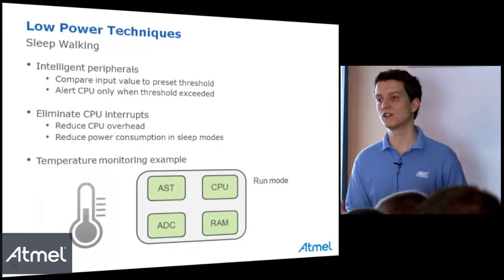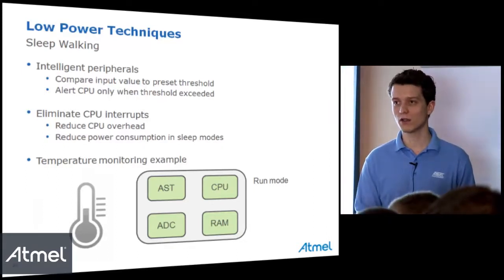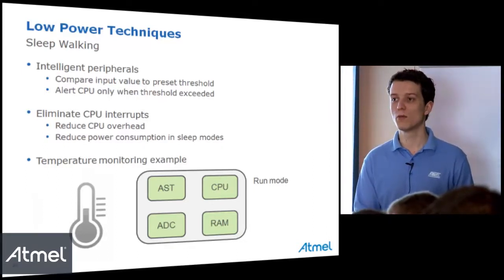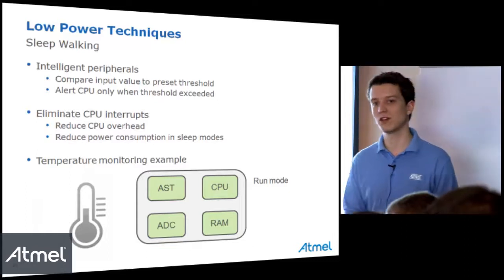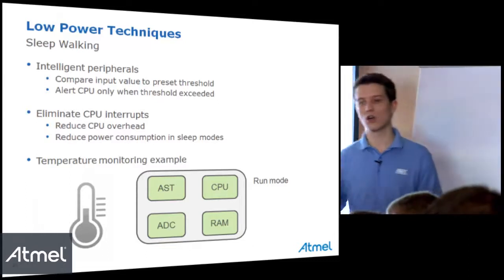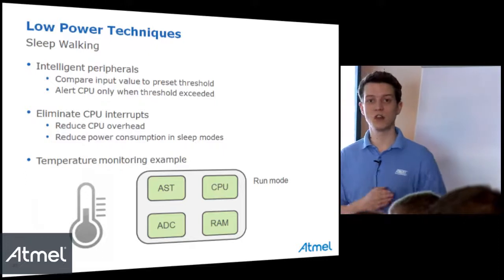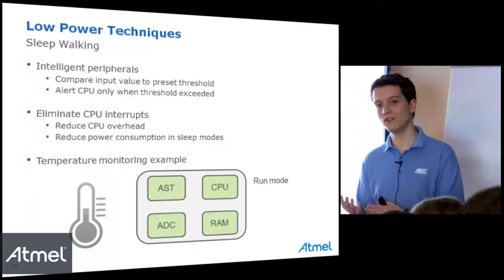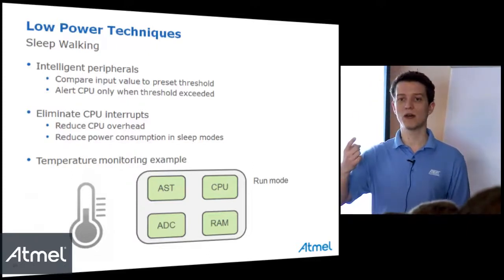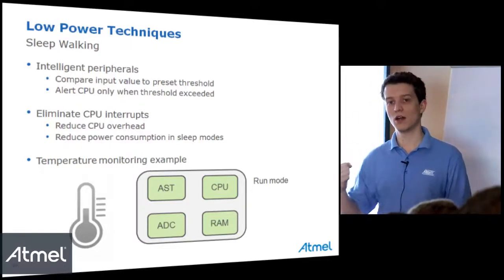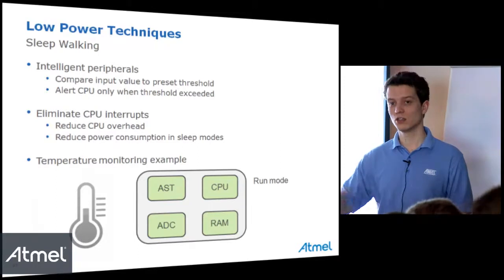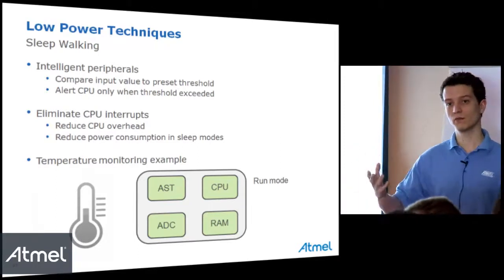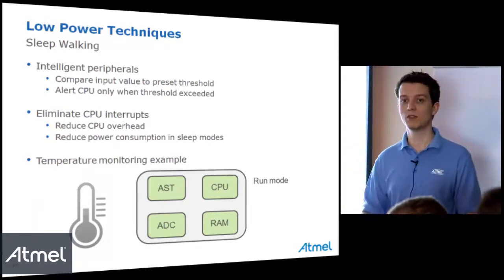Mainly it's a peripheral that requires a clock that is not active in low power mode, such as the ADC, for example. The ADC requires a clock which is normally stopped during low power mode. So as soon as the ADC receives an event, it will ask the power manager to enable its clock, just in order to perform the acquisition, then stop it again.